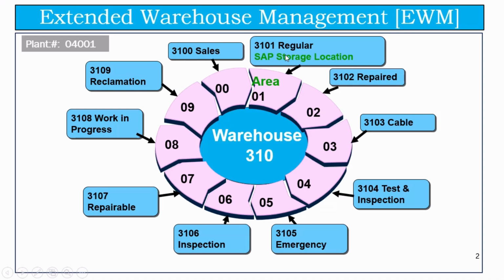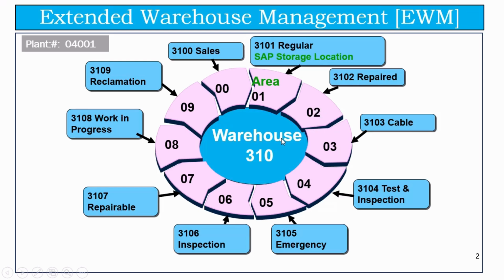Then move on to the regular material, where a material is consumed on a daily basis. That material will be considered as 3101. The last digit represents that this is new material, which will always be consumed. And then you have 3102, where 310 is the storage location code and 2 means this is repaired material, material which is already repaired.